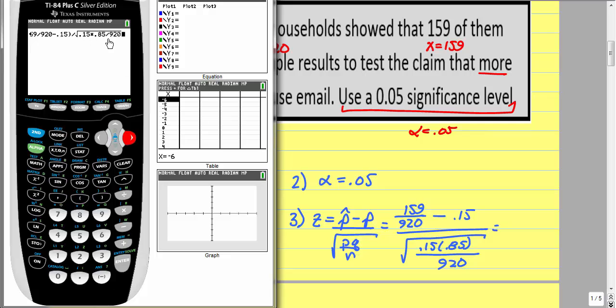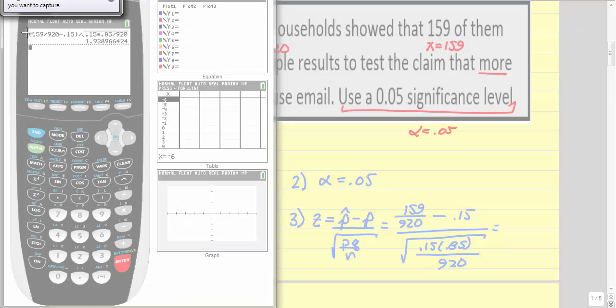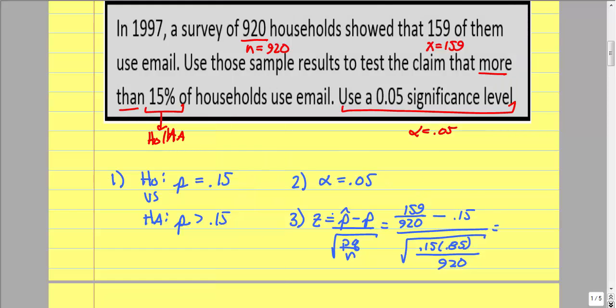And if you want to put some of this in parentheses, you can, but you don't have to. What has to be in parentheses is that numerator. So when I calculate this, I have 1.9389 for my value. So I'll pop this into our lecture and we'll see where that comes from.